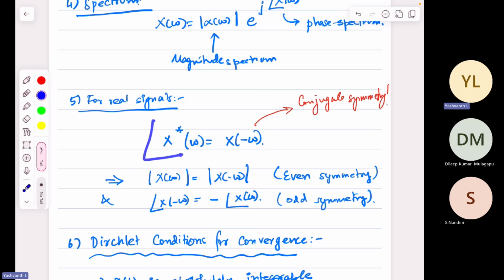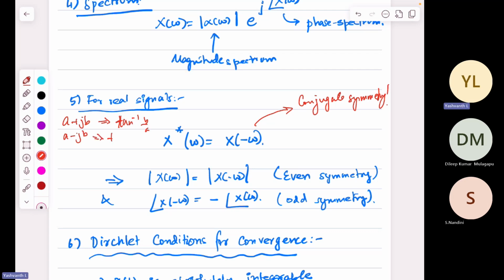Similarly, if you take the angle on both sides of this equation, we know that if you conjugate, the angle will flip. What do we mean by conjugation? Let's take an example. If I have a plus jb, the angle is tan inverse b by a. This is the angle of the complex number. Now if I conjugate it, it becomes a minus jb.